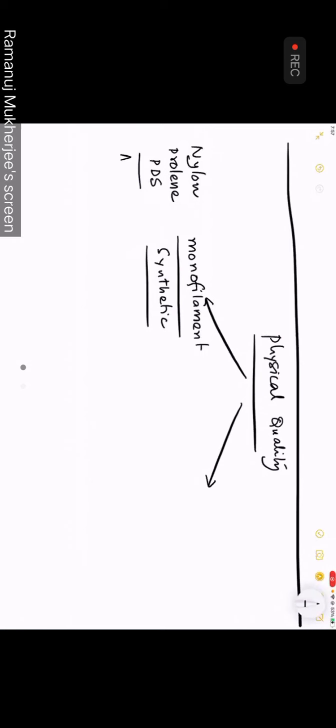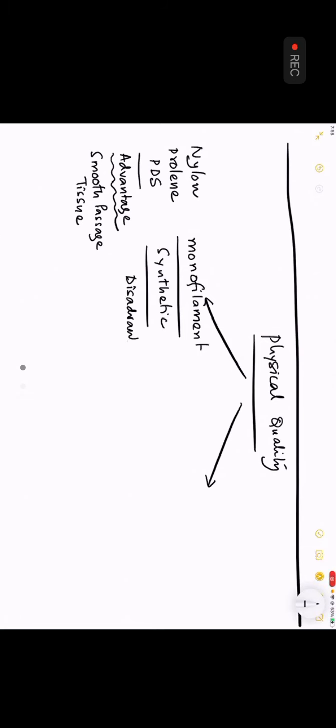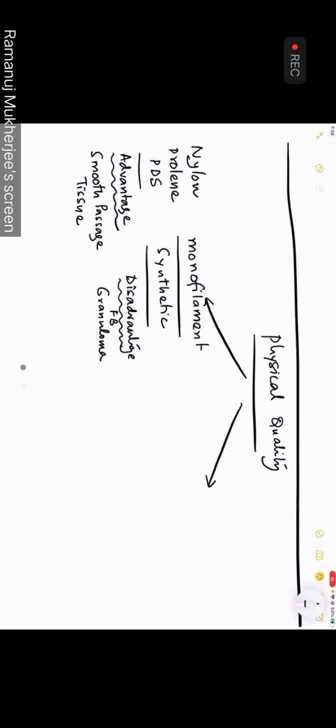The advantage of this group is that it allows a smooth passage through the tissue, whereas the disadvantage is that it leads to a granuloma or foreign body. FB is not Facebook. Foreign body granuloma.